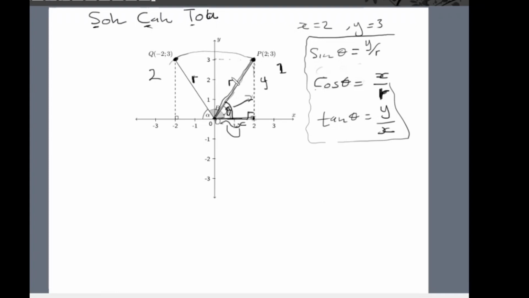So notice that in the first quadrant, all the sides are positive. R is positive, y is positive because y is 3, x is positive because x is 2. Now when you come to the second quadrant, r is still positive, and then x is now negative, and y is still positive.